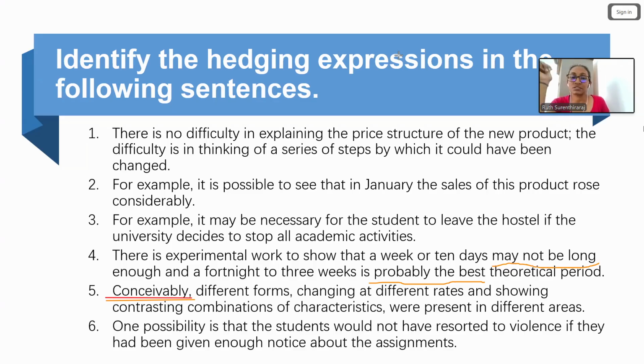Different forms changing at different rates and showing contrasting combinations of characteristics were present in different areas. So conceivably, or to what we can understand, there were multiple differences occurring in different areas, right? The rest of the sentence doesn't have any other hedging word. It is only conceivably, which is an adverb that comes at the beginning of a sentence to tell us that this is a hedging sentence.